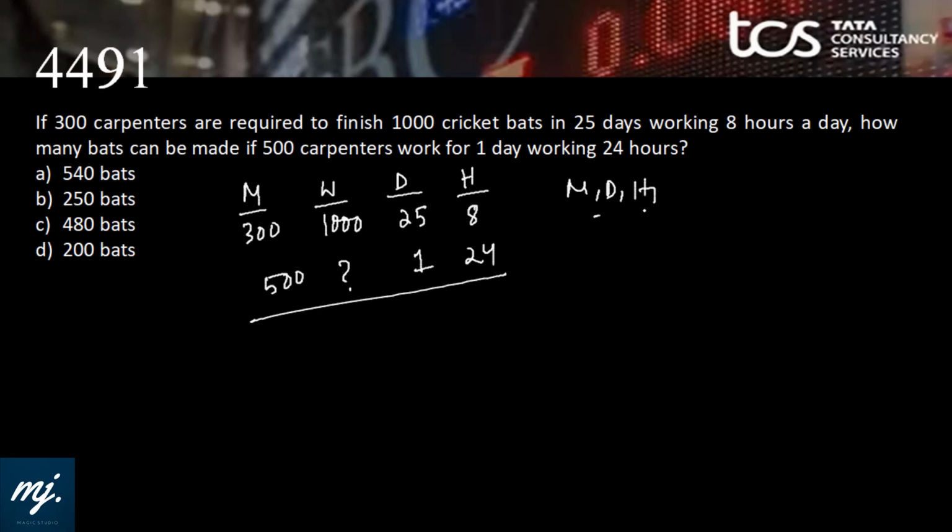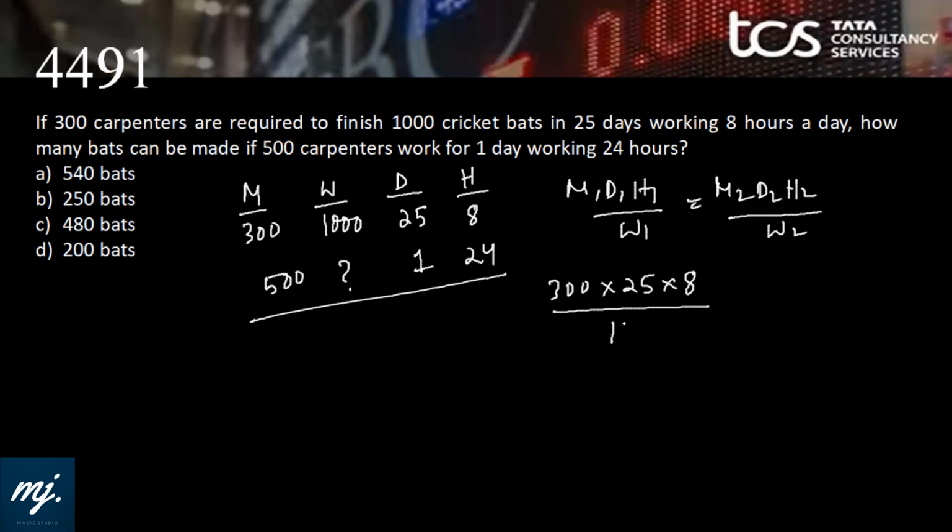M1 D1 H1 by W1 equals M2 D2 H2 by W2. 300 into 25 into 8 by 1000 equals 500 into 1 into 24 by W. We are looking out for how many beds they can produce. 8 3 times, this will be 100 gone. 25 is 20.